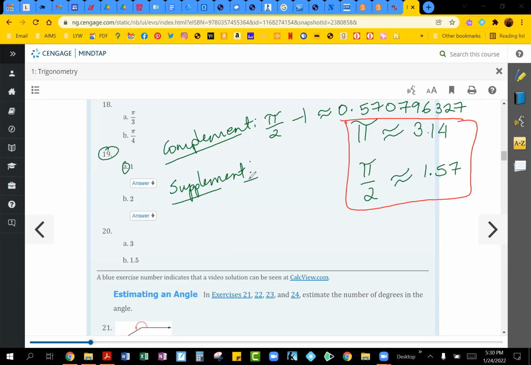For the supplement, of course, the supplement would be pi minus 1, which will end up giving you 2.14. Or again, if you're using your calculator, then you can have whatever values you end up getting. This is where you definitely want to pay attention to the rounding rules. But that's how you would calculate your complement and supplement when you're given numbers like 1 or 2. Can you tell me what's going to happen for part B? What our complement and supplement will be for part B?